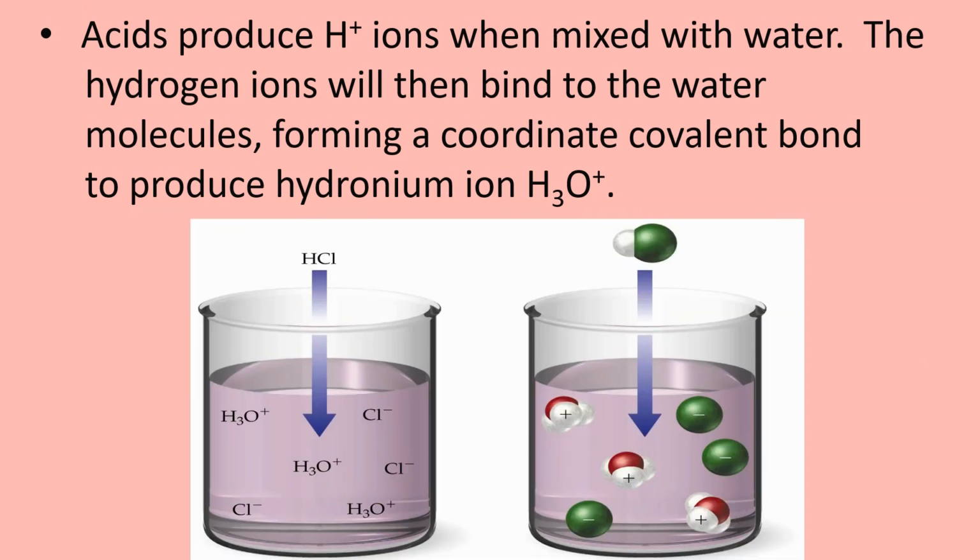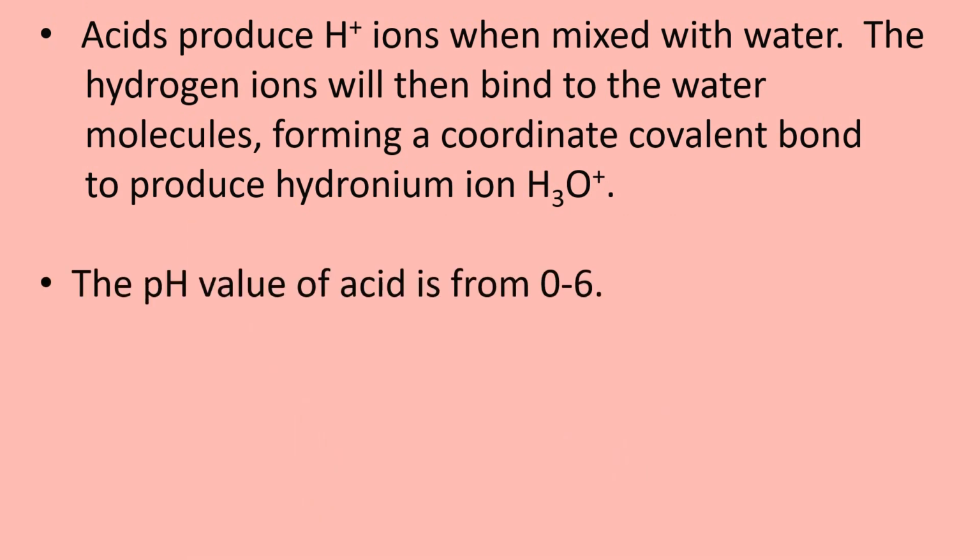In this example, HCl is mixing with water to form hydronium ion, H3O+, and chloride ion, Cl-. The pH value of an acid is from 0 to 6.